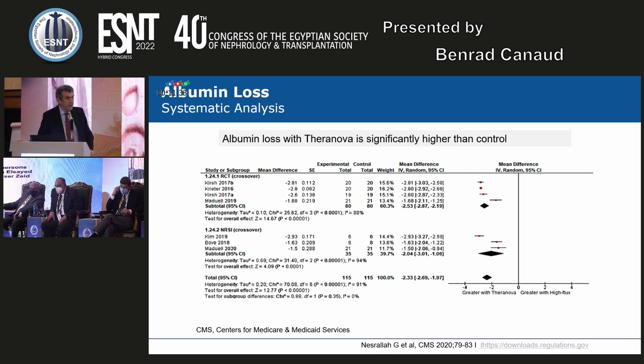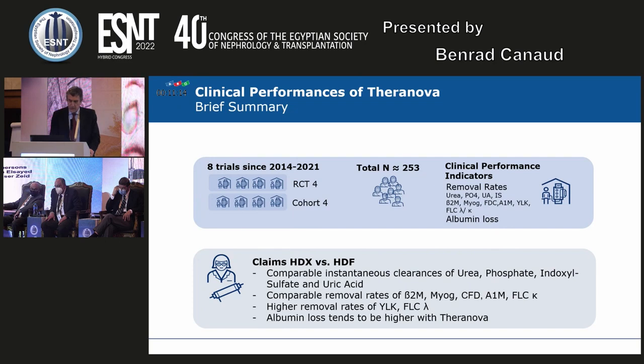A recent study from the CMS, plotting all the studies that explore albumin loss, shows that on average, albumin loss per MCO session is close to 2 grams per session as a minimum, showing that it's a good effect.